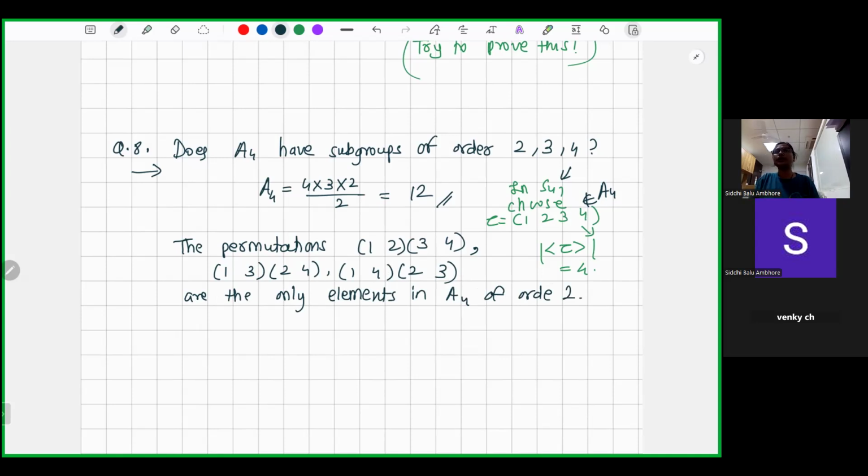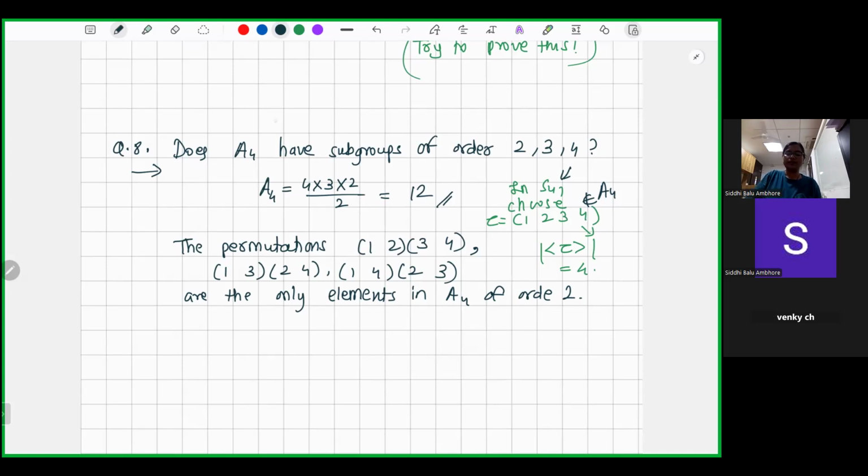These will be the only elements because transpositions have order 2, and the only possible elements in A4 which have order 2 will be the product of two disjoint transpositions.